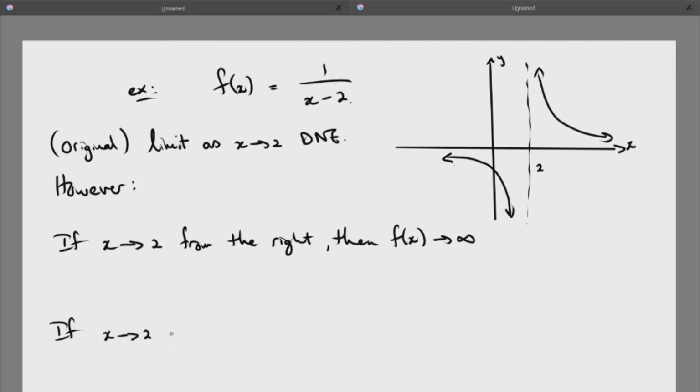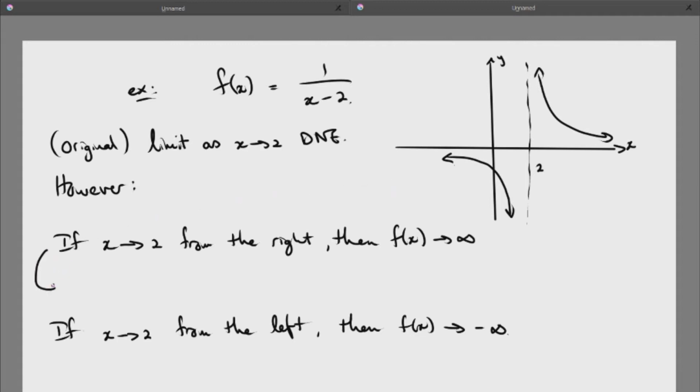If x approaches 2 from the left only, then I can be a little bit more specific and say my function is going to approach negative infinity. So I'm essentially splitting the original limit question into two pieces: just the right side, just the left side. Because it enables me to be as specific as I can in my answer and give as much information as I can.